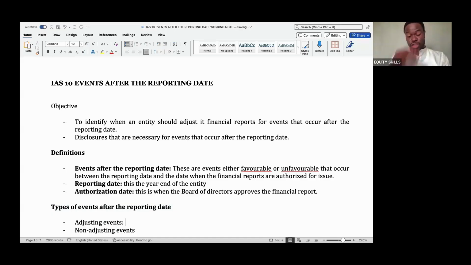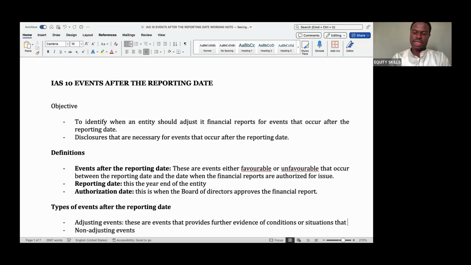So the adjusting events, these are events that provide further evidence of conditions or situations that exist at the reporting date.